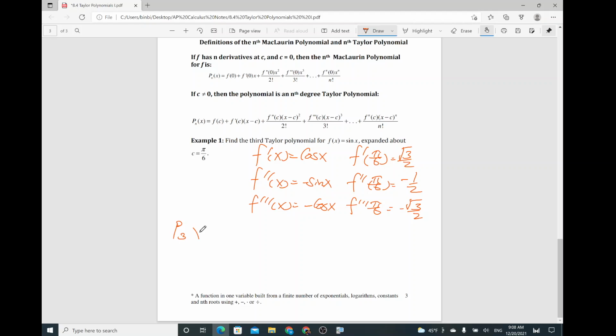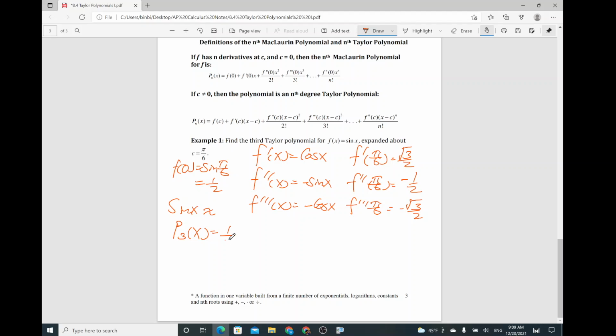So using the formula, this one is considered the third one, p sub 3 of x with that sine of x approximation. So this one will be written as f of c, so sine of pi over 6, which is 1/2.